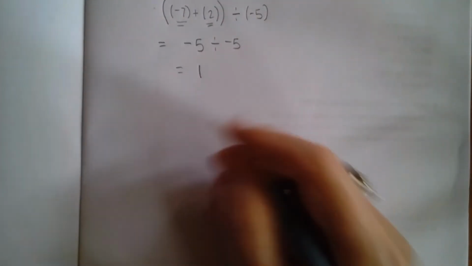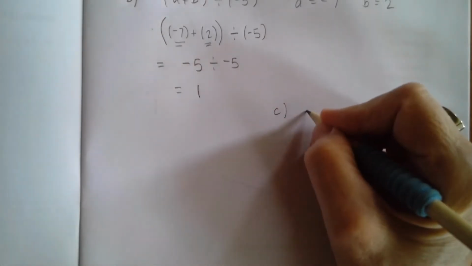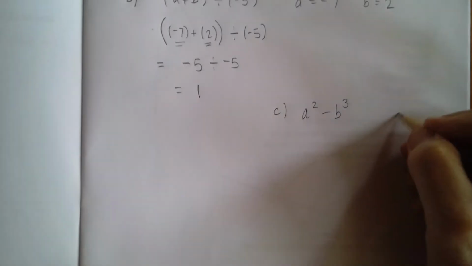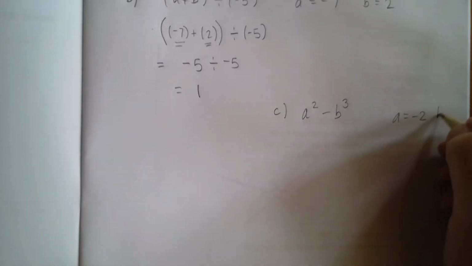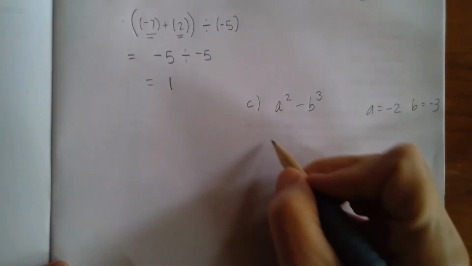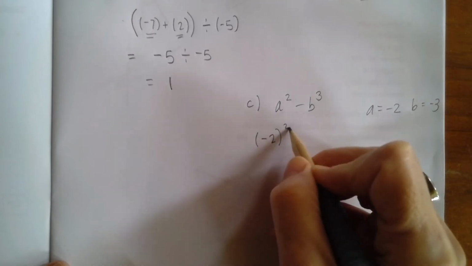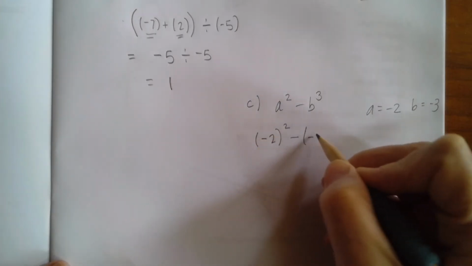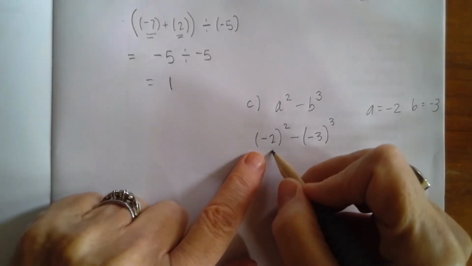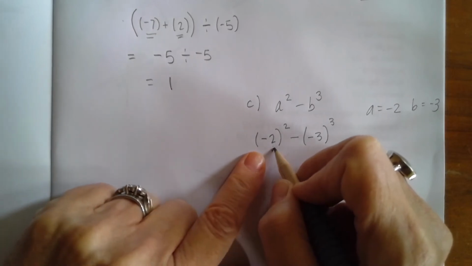I'll leave that there for a second. Let's do C, and it says A squared minus B cubed, where A is negative 2 and B is negative 3. Okay, really messy, these problems. So here I go. Negative 2 goes in for the A in brackets, and negative 3 goes in for B in brackets. Now I have some work to do here. I have to do negative 2 times negative 2. That's what squaring is, multiplying the number by itself.